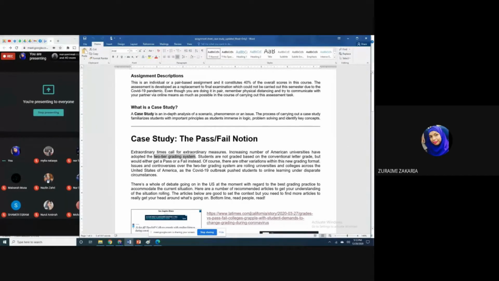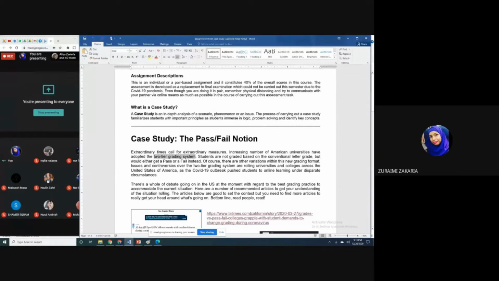But because of COVID-19, when students are not able to attend online classes, when they have difficulties completing the assignment online, ada banyak kekangan that limits them from attending classes and also completing some of the assignments. Hence, the top management of these universities adopted 2-tier grading system. Maksudnya, sama ada pass atau fail sahaja.